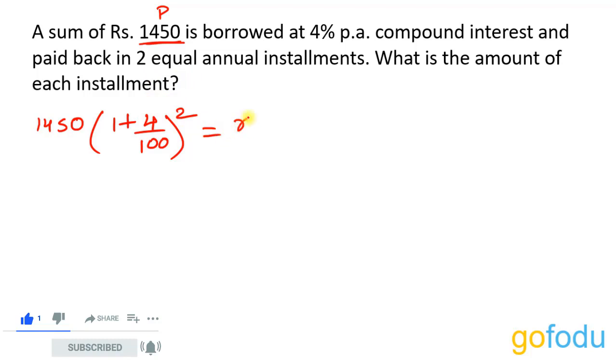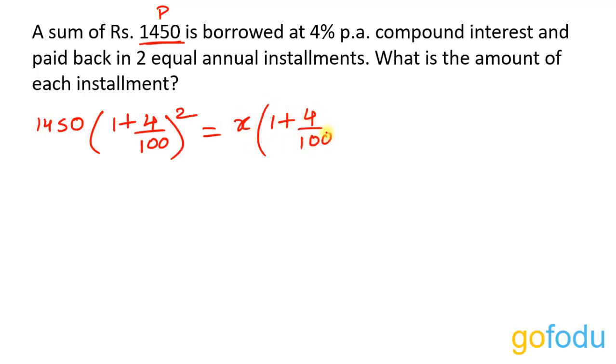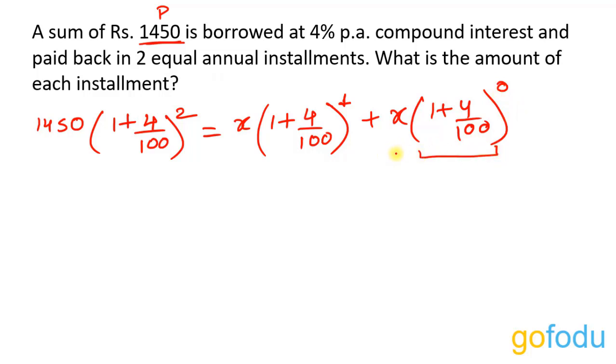This will be equal to X, the first installment, plus the interest 1 plus 4 upon 100 whole raised to n minus 1. So 2 minus 1 will be 1, plus X into 1 plus 4 upon 100 whole raised to n minus 2. 2 minus 2 would be 0. This will become 1. So this whole will become X only.